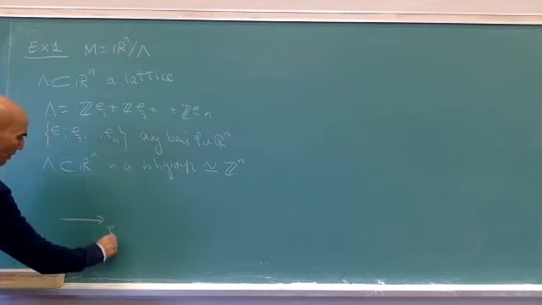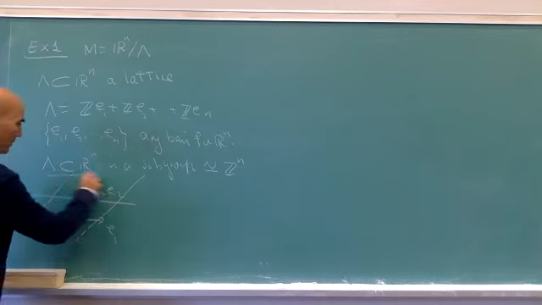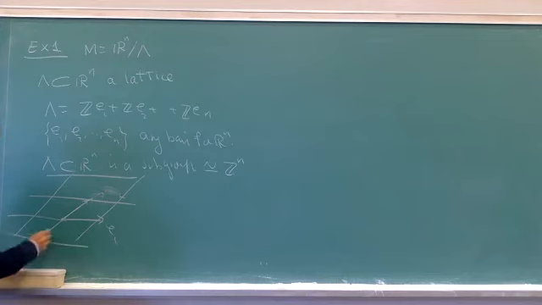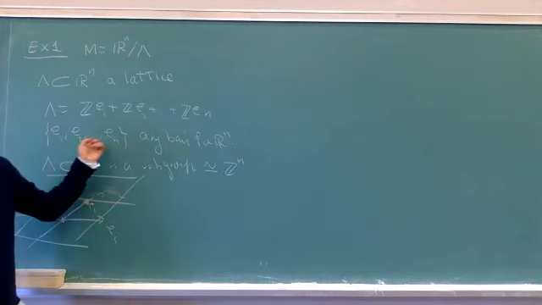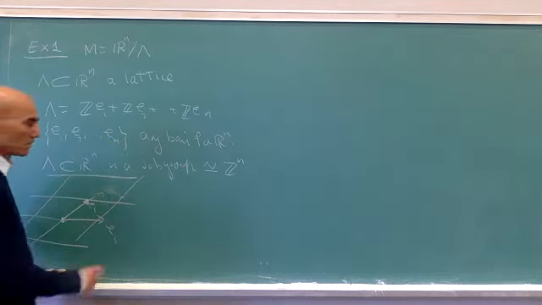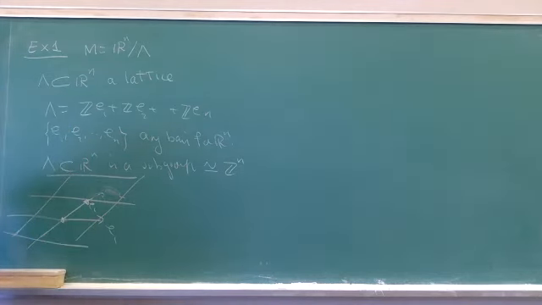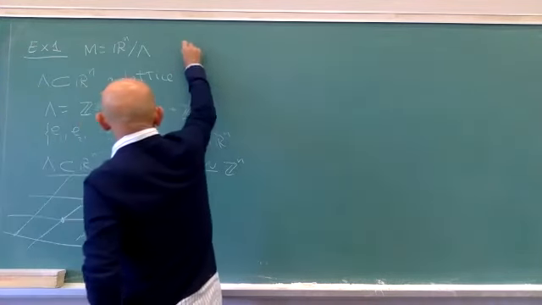So you have this e1, for example, and e2, and then you build everything based on these. Notice that these elements e1, ..., en are not unique. You can choose a different basis for the lattice. So that's the lattice, and essentially topologically this is a torus, plus a flat metric.